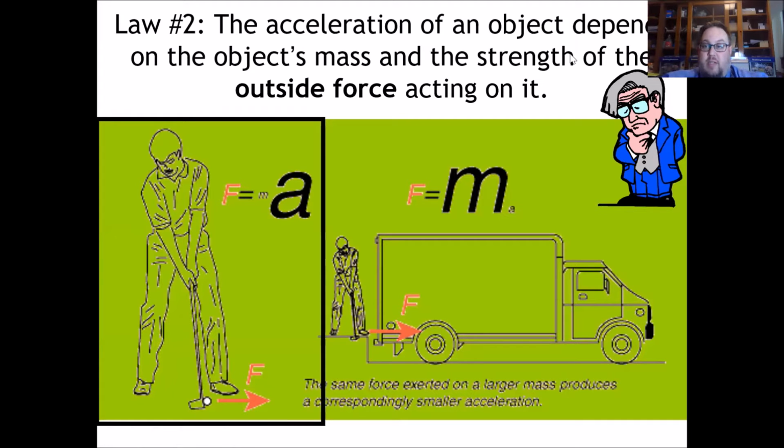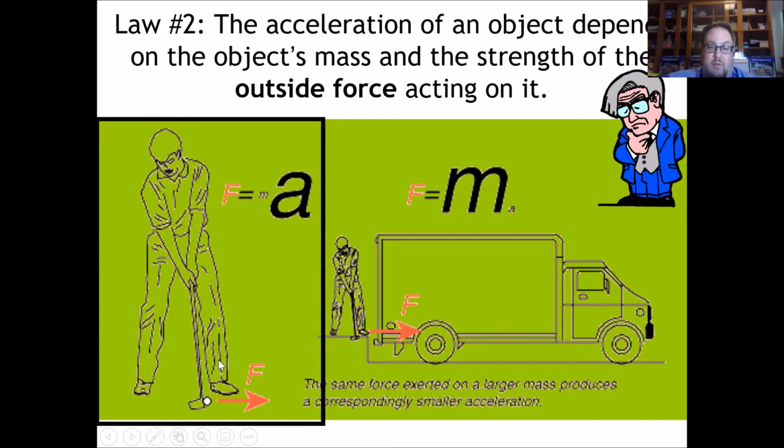Let's take a look at an example here. The acceleration of an object depends on the object's mass, and it also depends on the strength of the outside force acting on it. So let's say you have a golfer that applies a force to a ball with the club. This force could be written proportionally as the product of m times a.